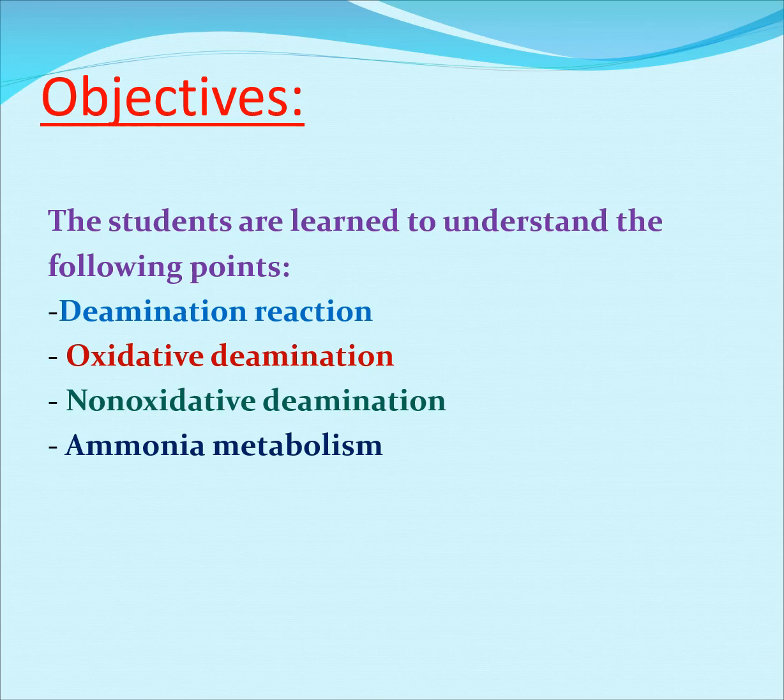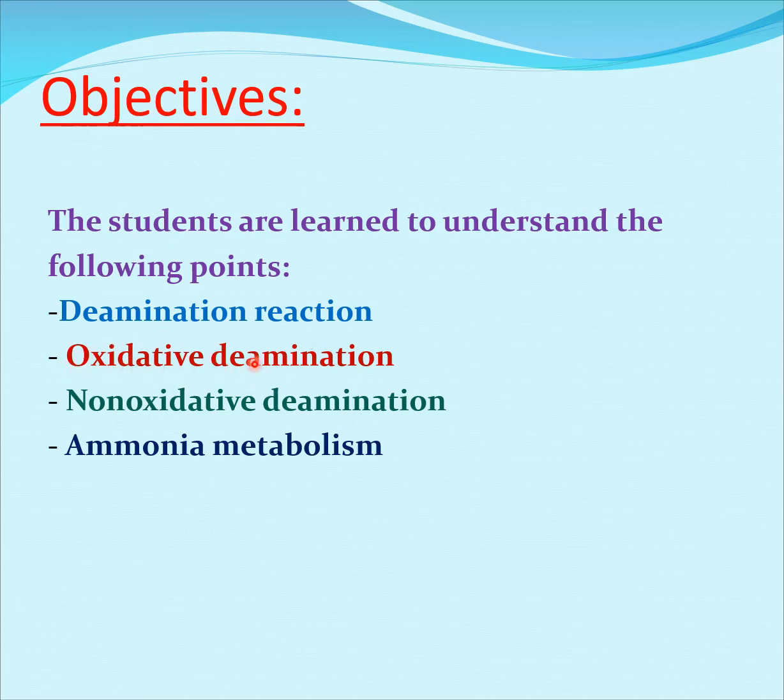So now we need to remove this amino group mainly from glutamate, and here comes the role of the deamination reaction. Deamination reaction is of two types. The first one is oxidative deamination.